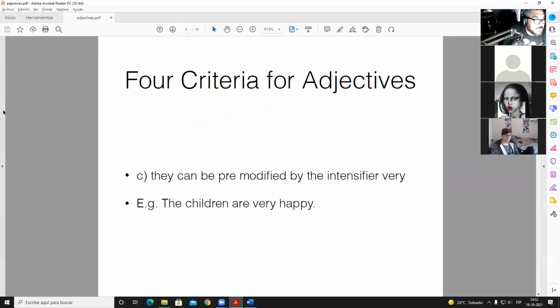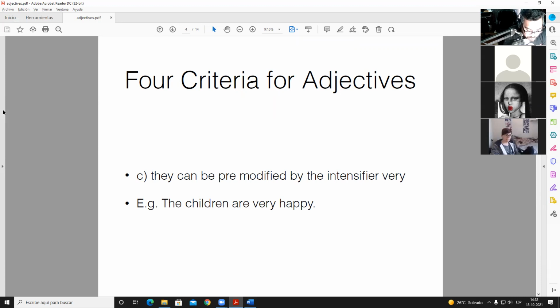Next, four criteria for adjectives. They can be pre-modified by the intensifier very. The children are very happy. Can they be intensified? Okay, here we have some other names. Adverbs can pre-modify adjectives. We know that. Therefore, you can add further meaning.